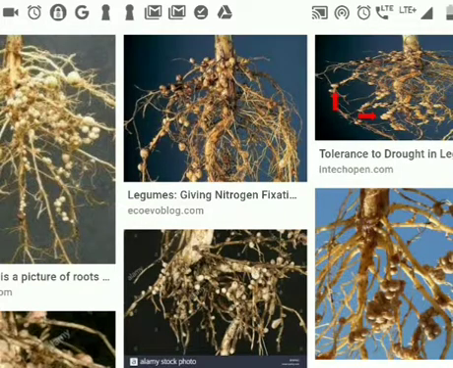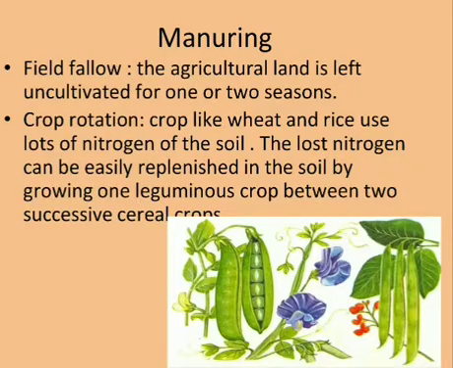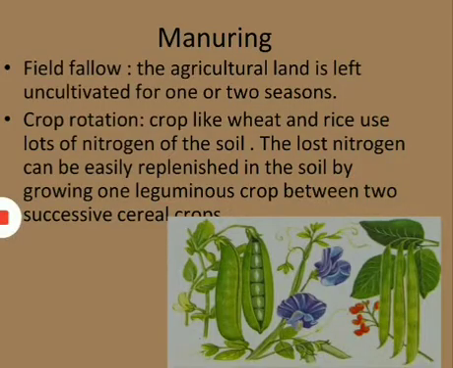Plants like pea, beans and soya bean are known as leguminous plants. These plants have root nodules on the roots that are associated with bacteria like rhizobium. This bacteria converts gaseous nitrogen into nitrates that can be used by plants as a source of nitrogen.